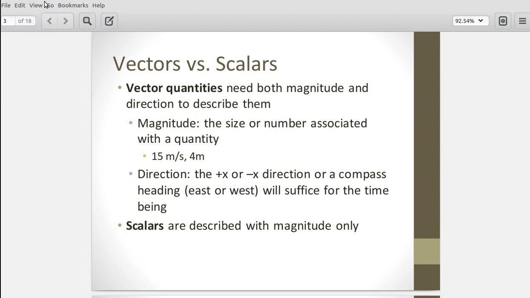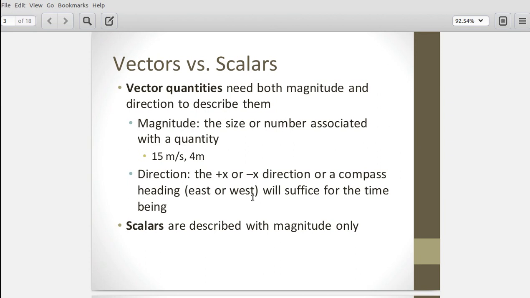so we have to describe the direction that a vector is pointing, usually in terms of Cartesian coordinates, right? The x direction, y direction, or a compass heading, right? Cardinal directions, we can talk about north, east, west, south, something like that.